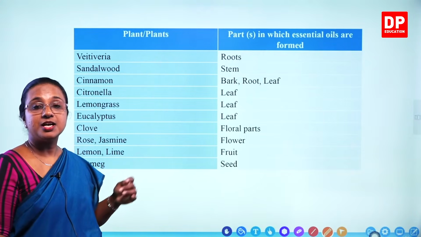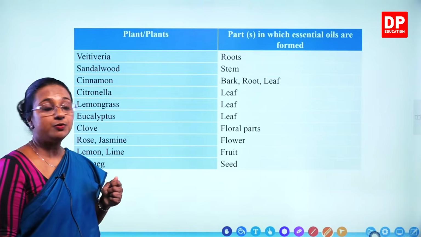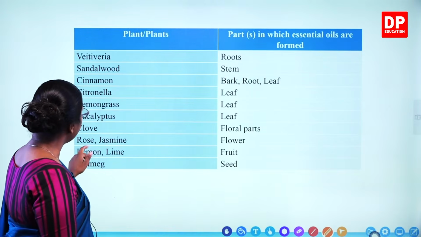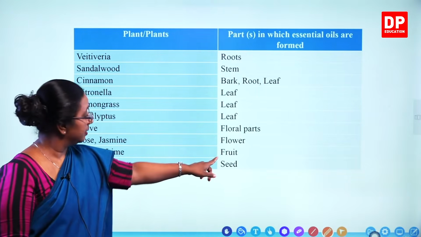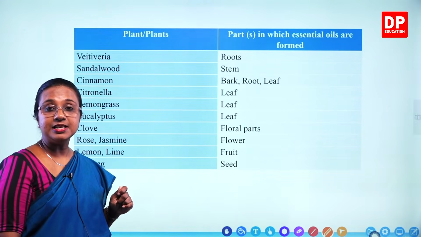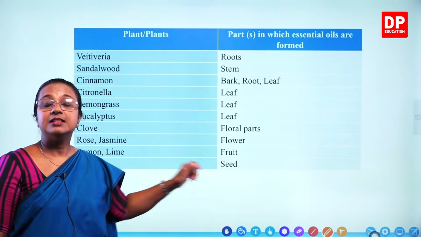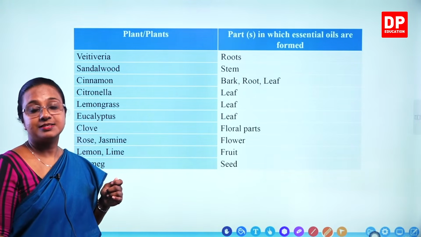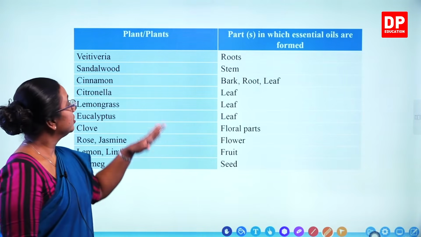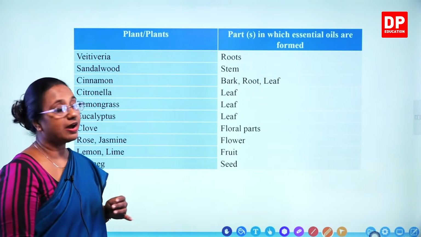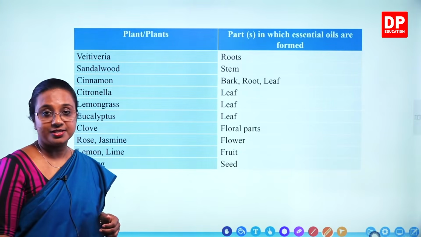You all know these are used to produce perfumes, the different fragrances, rose fragrance, jasmine fragrance, all the different flowers. Then we have lemon and lime. The fruit contains the essential oil. And finally, nutmeg, the seed contains the essential oil. So these are some examples of plants and where we find the essential oils.